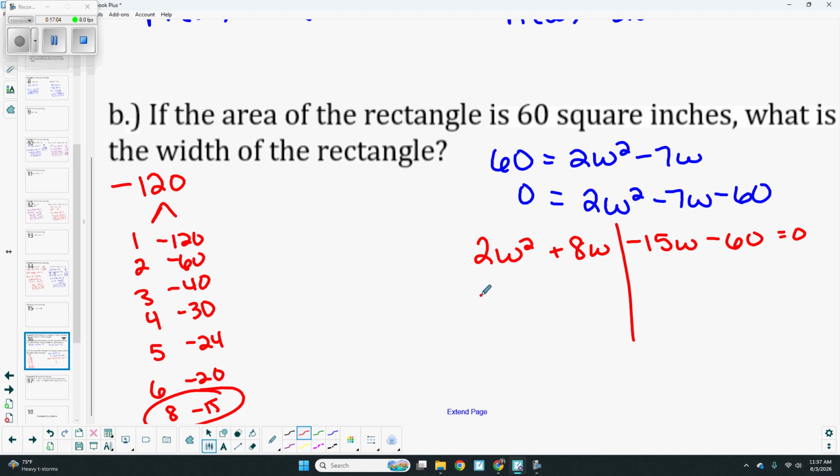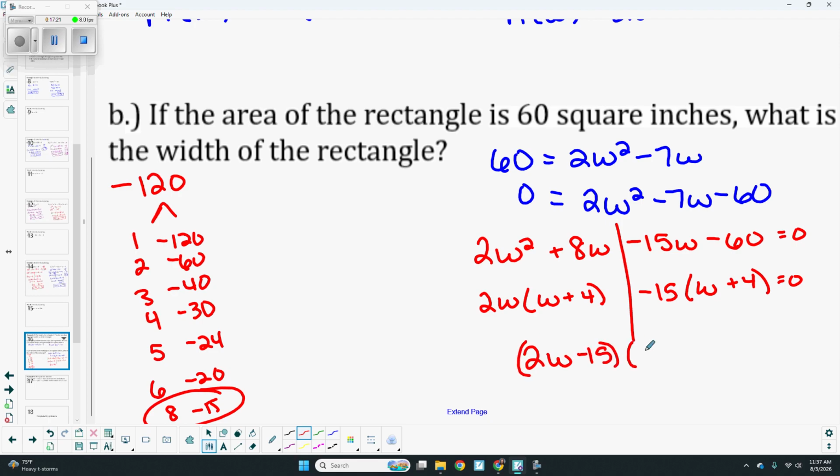So 2w comes out of the first two, left with w plus 4. Take a negative 15 out of these, which is w, and then negative 60 over negative 15 is plus 4. So that's 2w minus 15 and w plus 4. We know that w plus 4 is going to give us a negative answer, and I can't have a negative width, so I'm going to ignore that one.